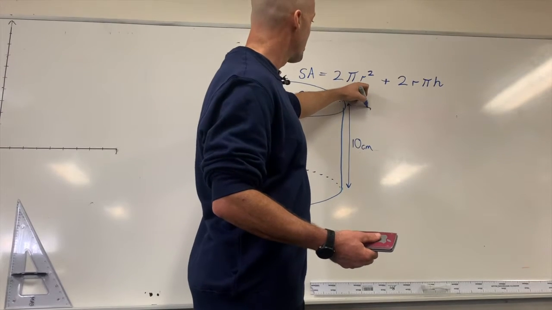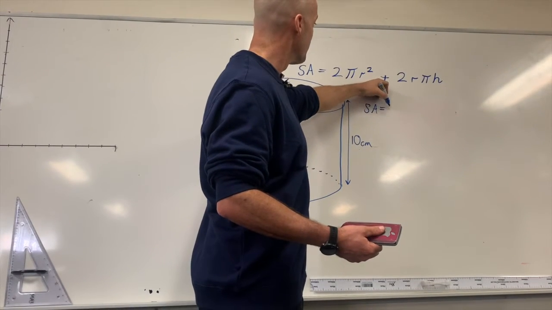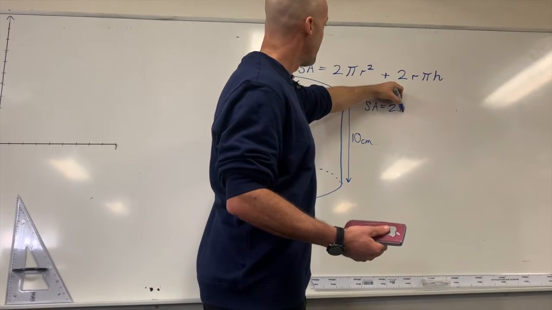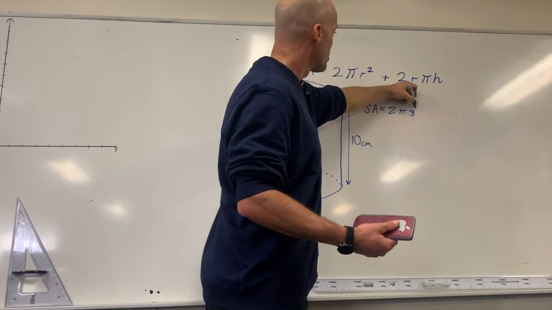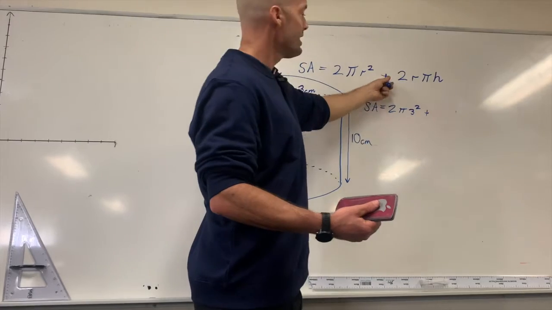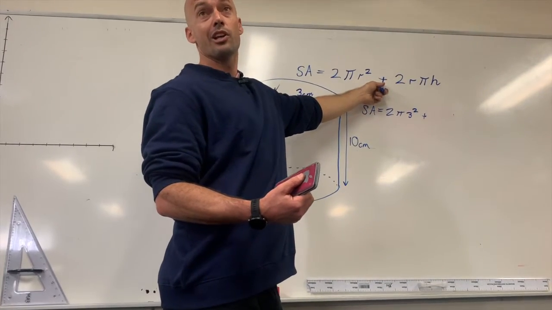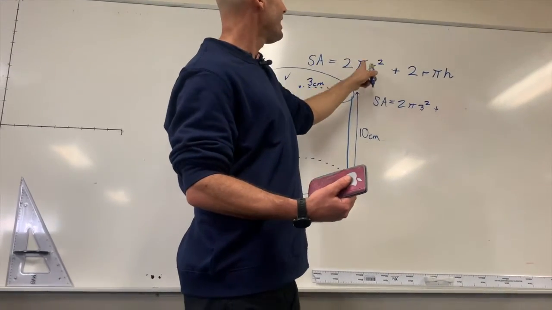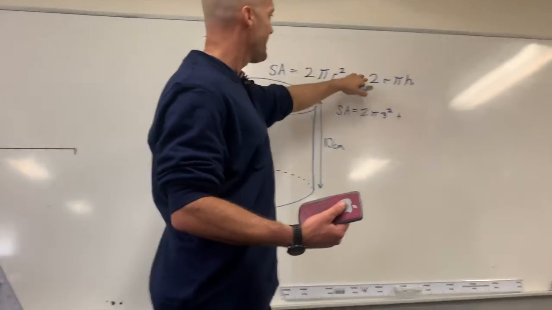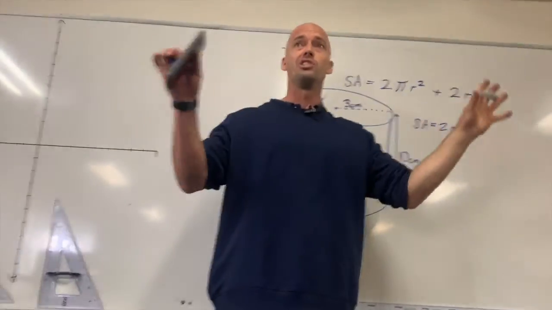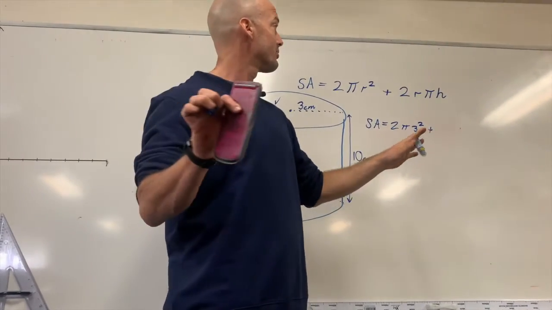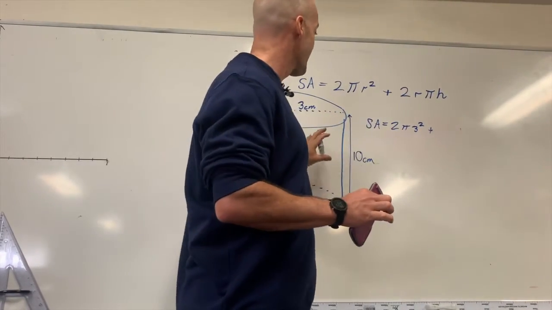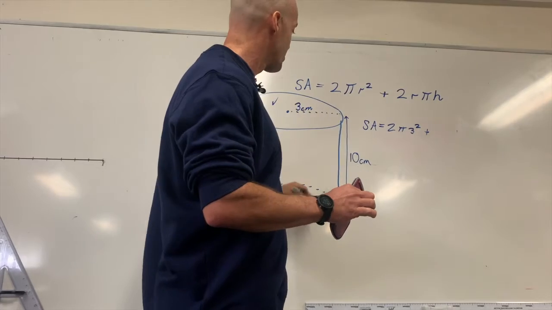So I'm going to say surface area for this guy equals 2 times pi times, instead of radius, I'm going to put 3 squared plus. Wait, no, this is plus. A lot of people go wrong by timesing that. If you times the area of this by the area of the rectangle, you're going to get a huge number. If the number is so ginormous it looks wrong, it is wrong. It needs to be a plus because you're just adding the surface area of this plus the surface area of these two.